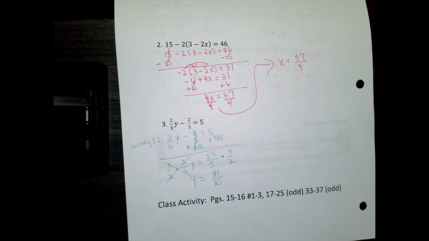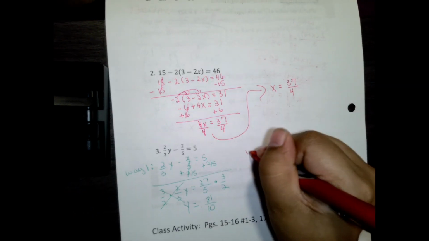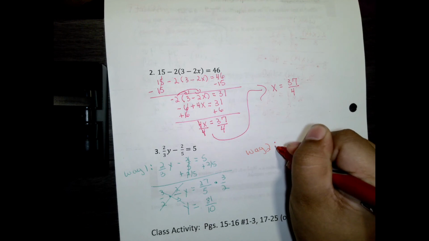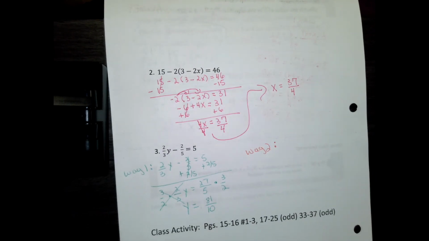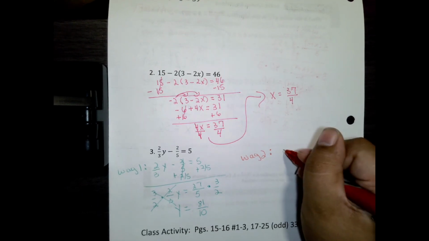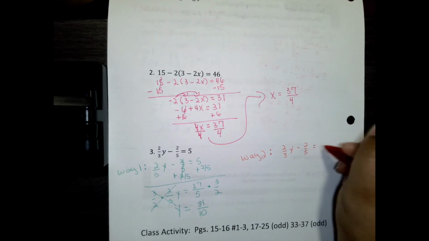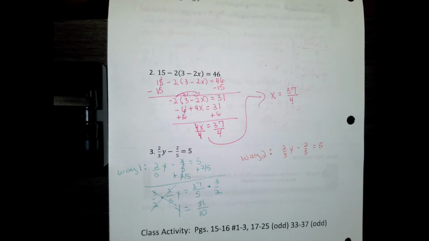So at this point, I'm probably guessing you guys did not enjoy all that fraction math. That is why I recommend doing it by way 2. Way 2 gets rid of all those fractions, so you have an easier problem to deal with. So, first things first, rewrite that problem. When you have two fractions, you want to multiply by the greatest common factor, the GCF.